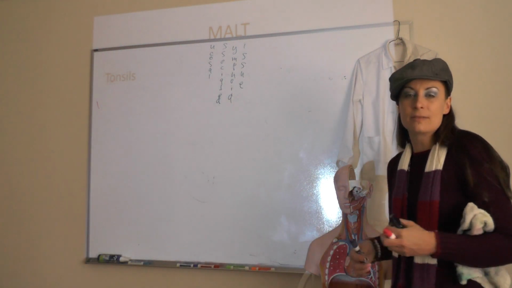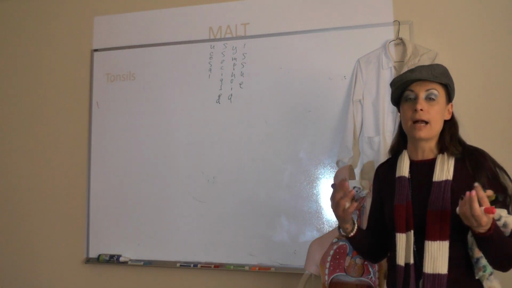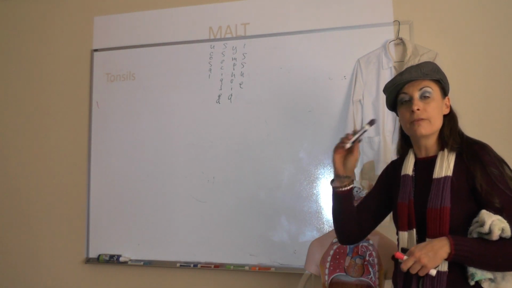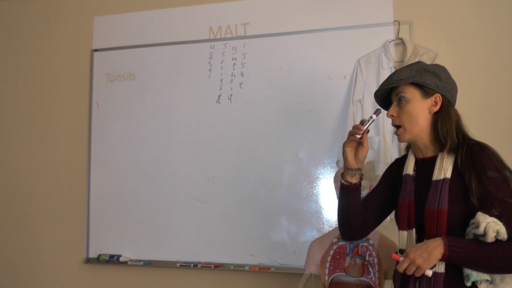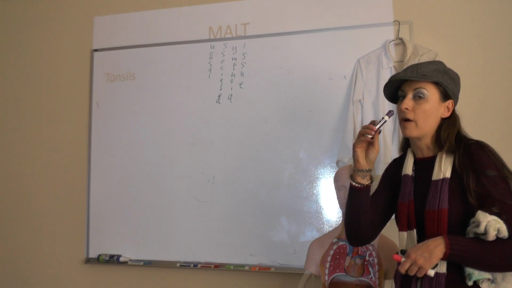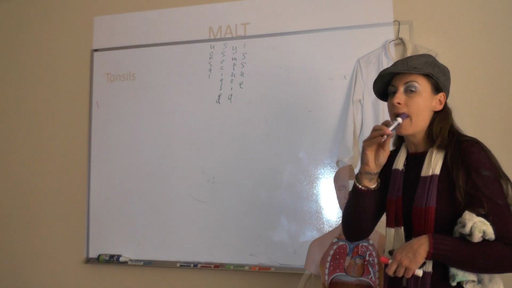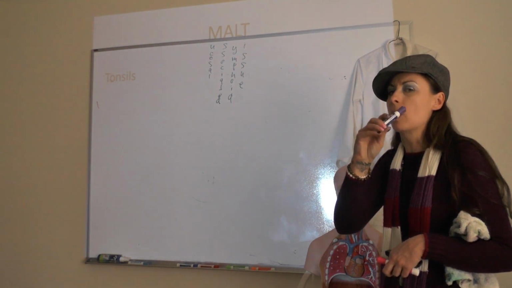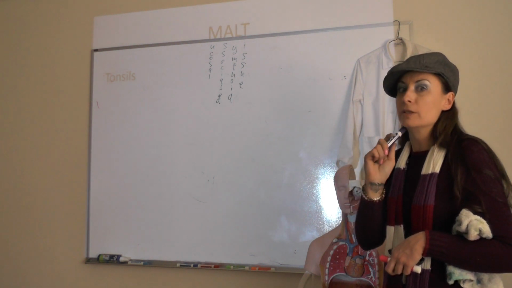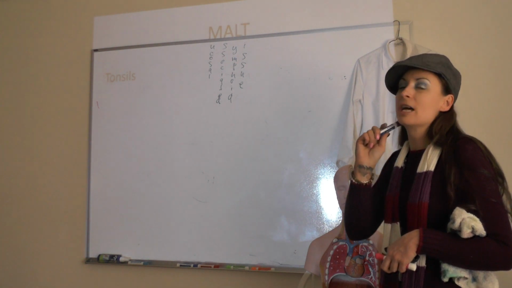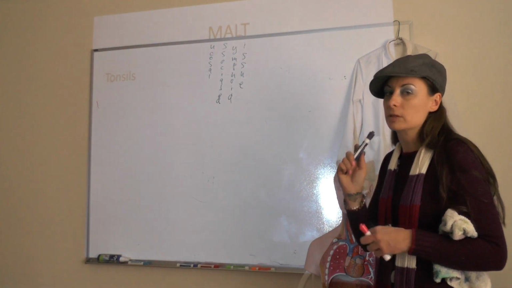So the three sets of tonsils that are distinct outside your oral mucosa are the pharyngeal tonsil, that's superior at the back of your oropharynx, and then your palatine tonsils, those are the ones that you can see the swelling of if you've got swollen tonsils when you're young, and then just inferior to that are the lingual tonsils.